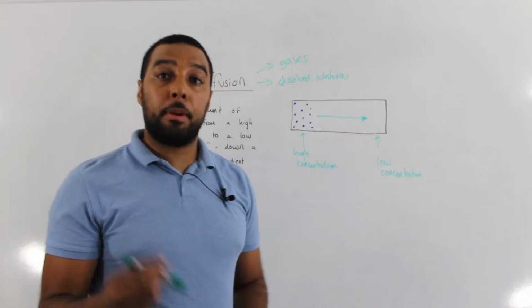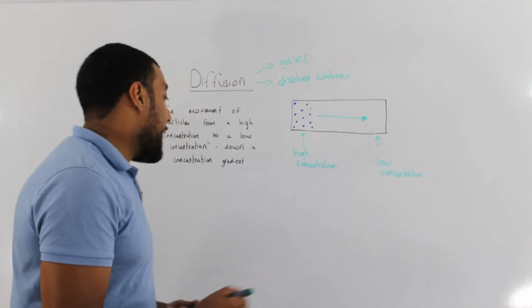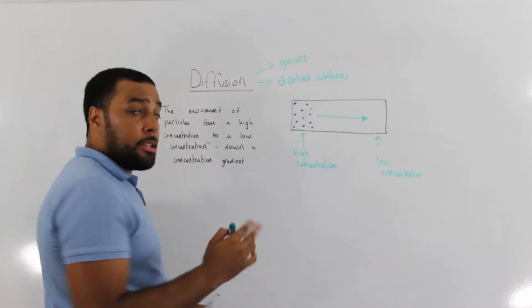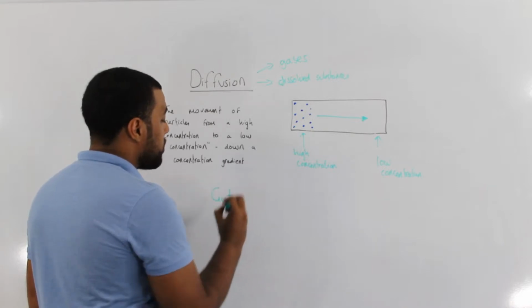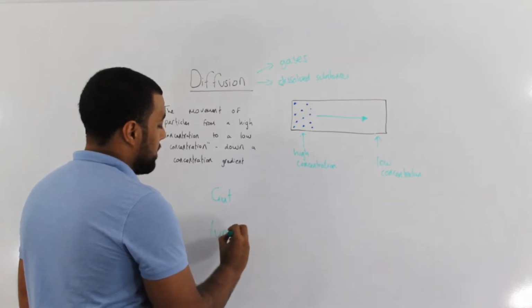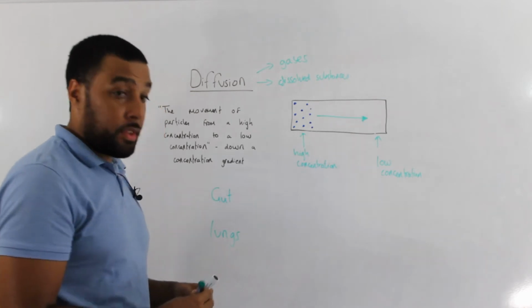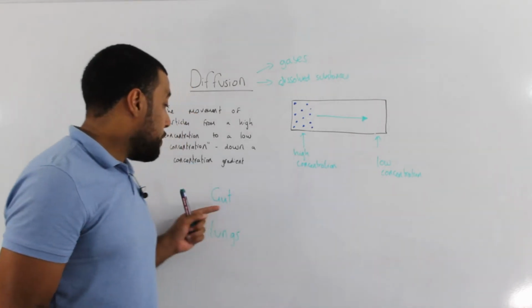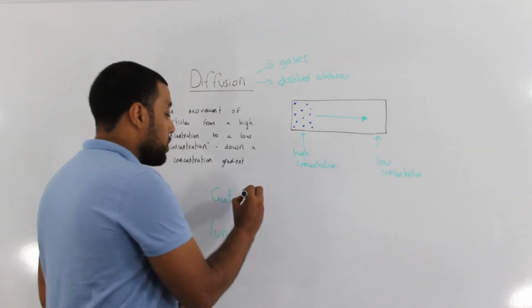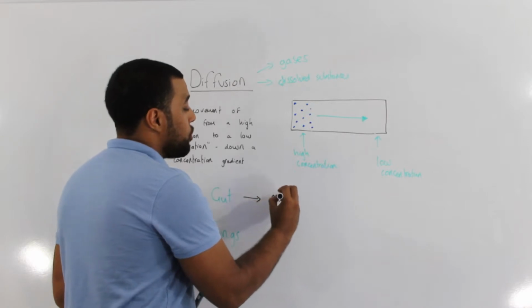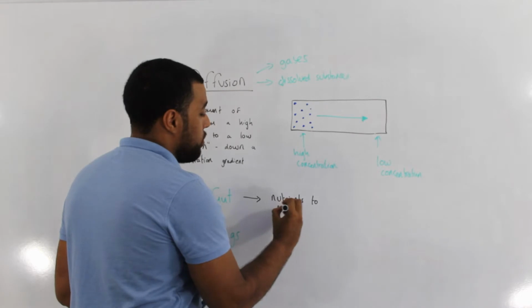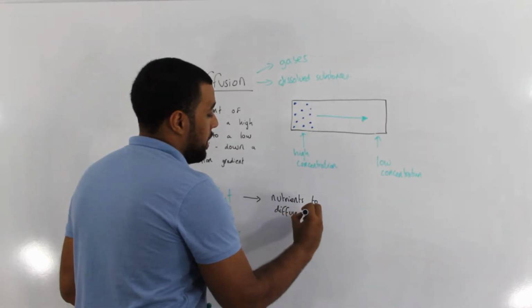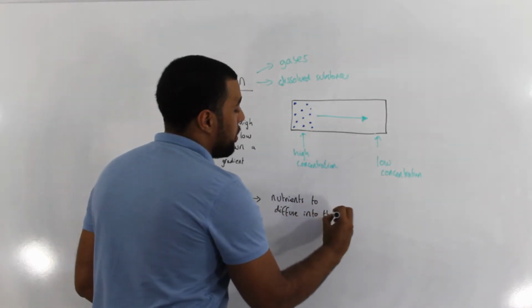Now, diffusion takes place in the body, and it takes place in 2 places. It takes place in the gut, and it also takes place in the lungs. Diffusion takes place in the gut for nutrients to diffuse into the blood.